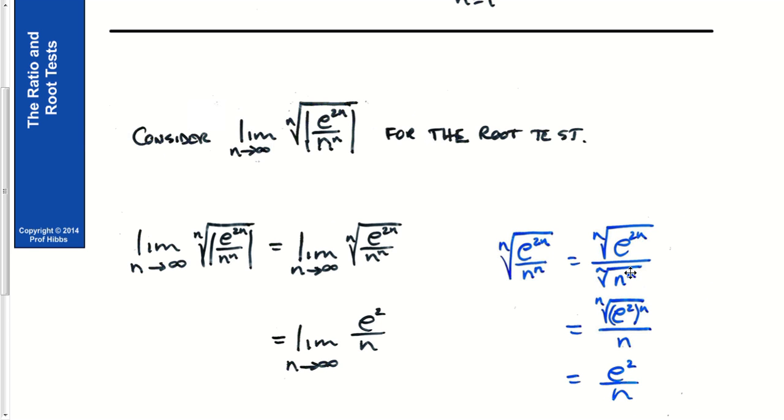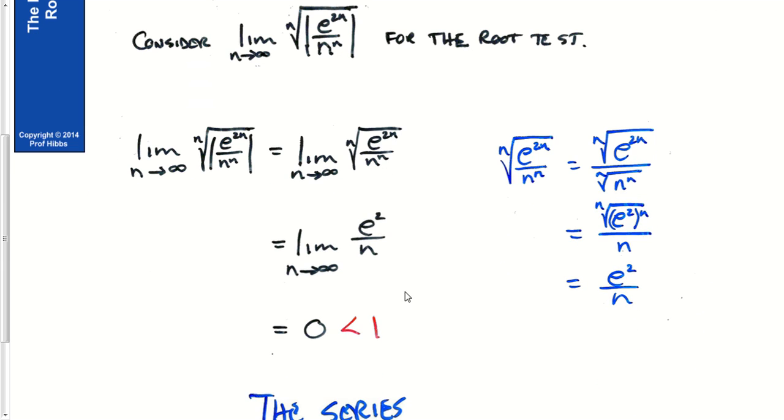And so we'd multiply the powers n and 1 over n, and n times 1 over n is just 1, so we'd have n to the power 1. Now there's multiple ways of thinking of that. But bottom line is, of course, this whole thing simplifies to e squared over n. Make sure you understand how I made that decision, because those are the things that you have to do when you're applying this test.